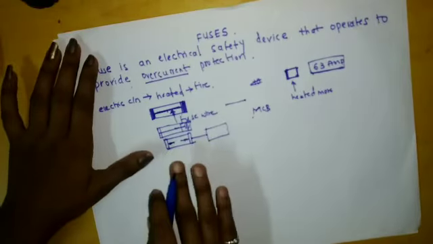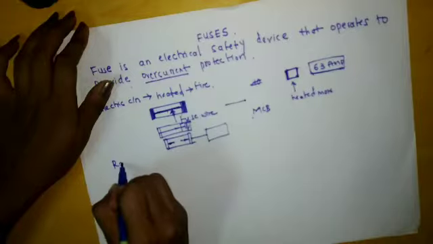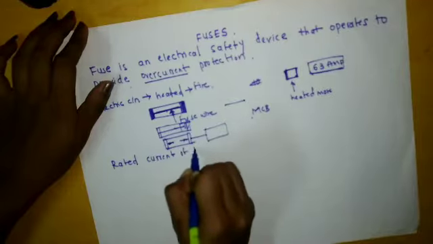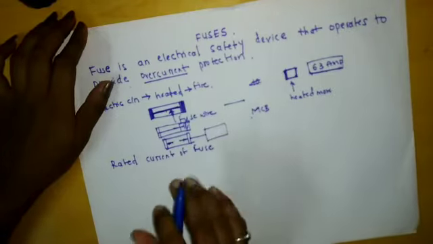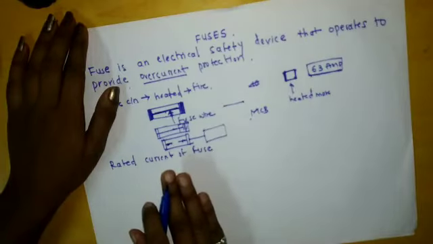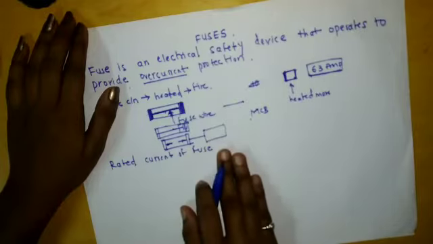So moving forward, rated current of fuse. So what is meant by rated current? The current that can be carried safely.